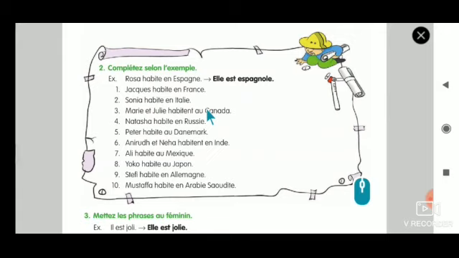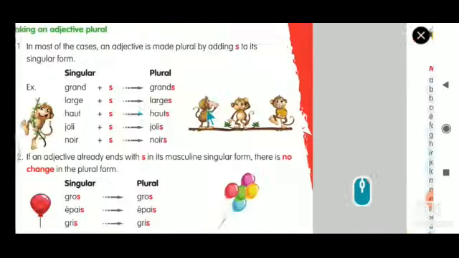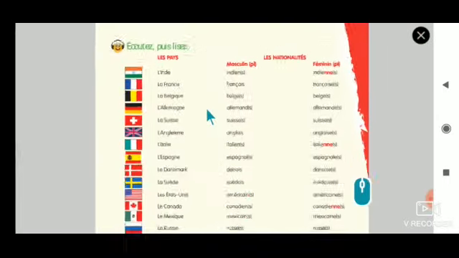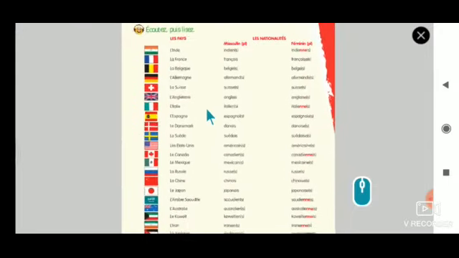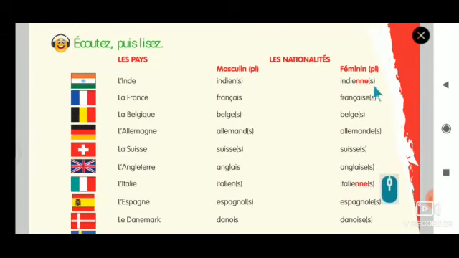Okay, so we are ending today's session with this. So far what we have seen today is nationality. We have seen 2 or 3 conditions. One is the ending en, that will be nne, and the second ending is ais, that will add e, and the third ending is just adding an e, that is allemand, and the fourth ending is not adding anything, just maintaining the same for both.